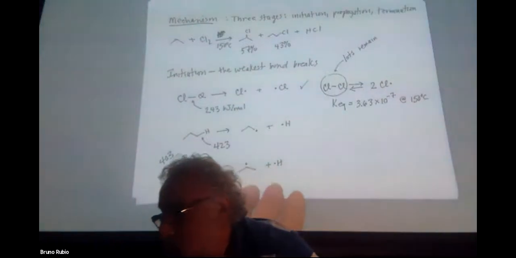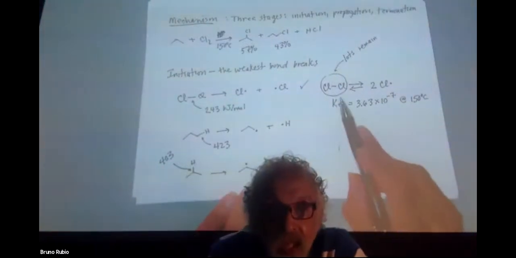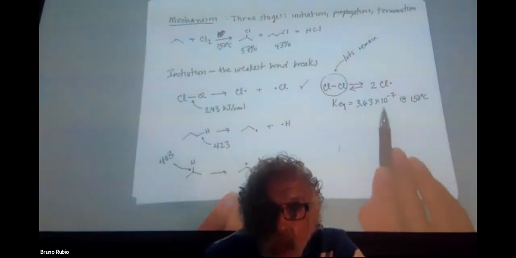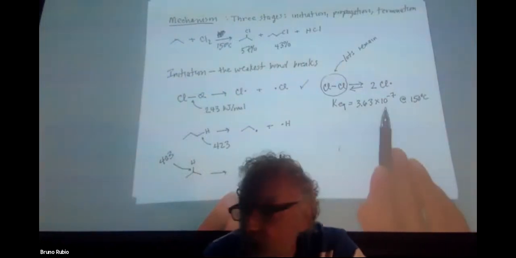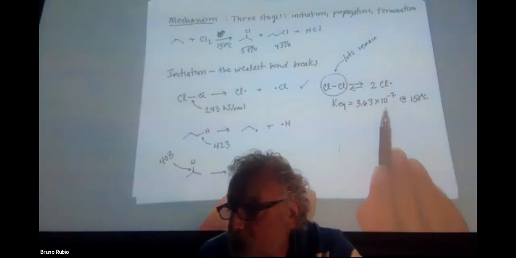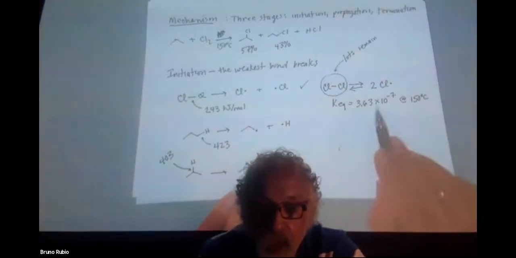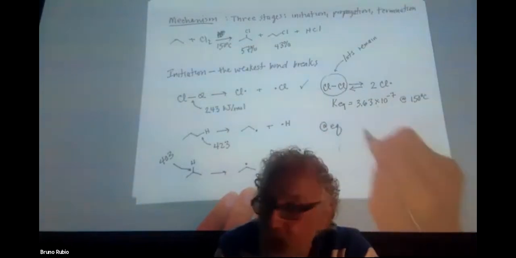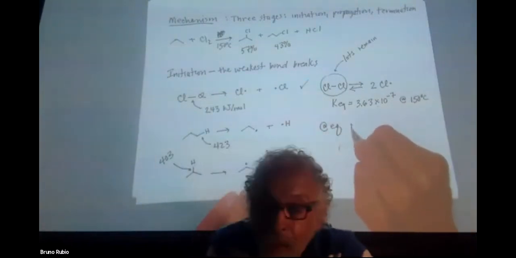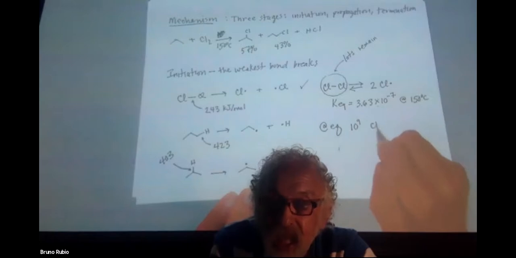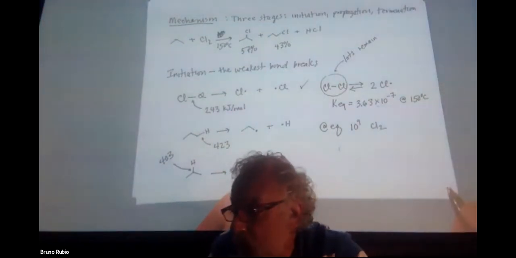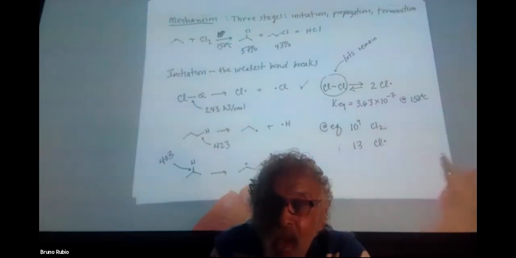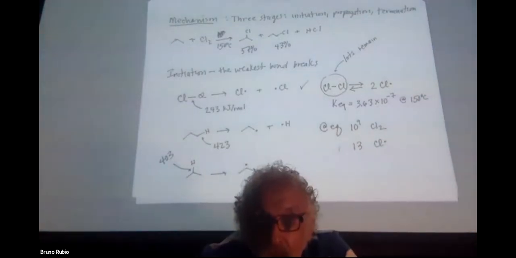If we want to put a human face on this number, which may not mean much to a lot of people, and calculate percentages, this equilibrium constant says that at equilibrium, there are 1 billion Cl2 molecules left and 13 Cl radicals running around.